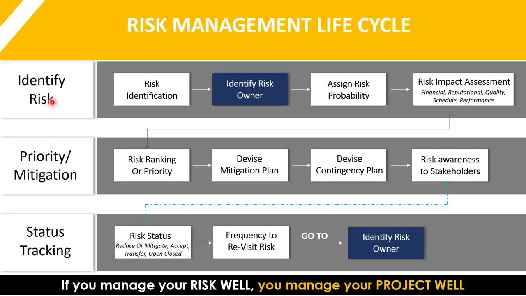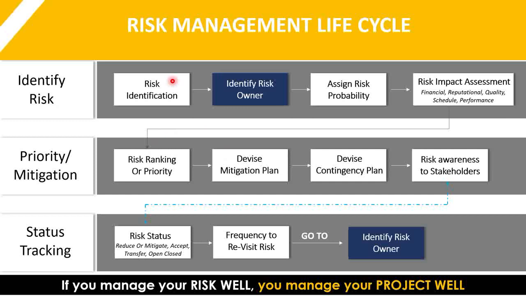So that you can identify all the possible risks. And the risk cannot be identified on day one. The risks will keep coming as you execute your project. So it will be a continuous exercise where we keep on identifying risks, working with those risks, and then either closing those risks or doing different things with them. We'll cover that in the later part.